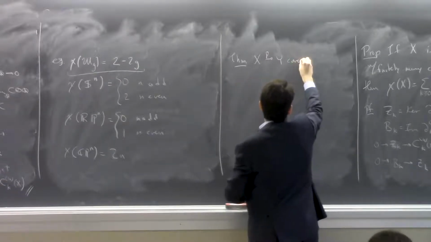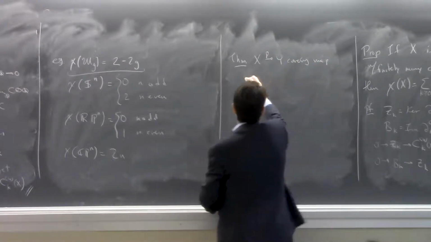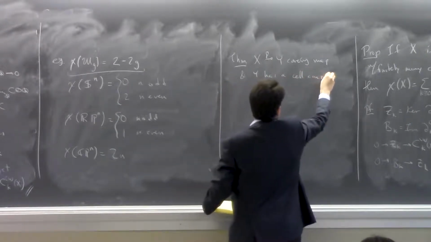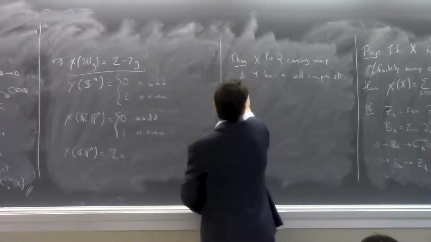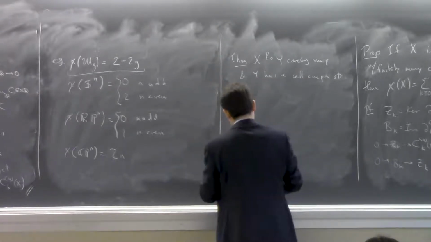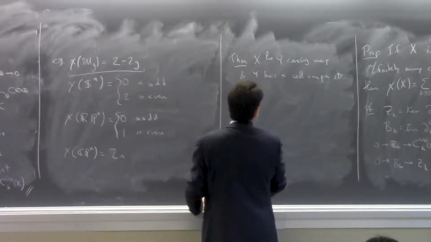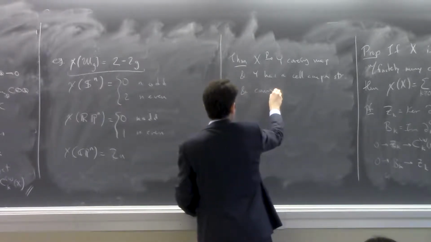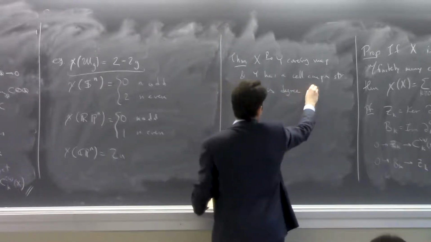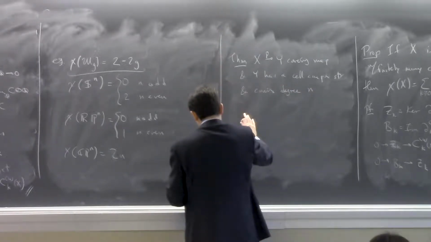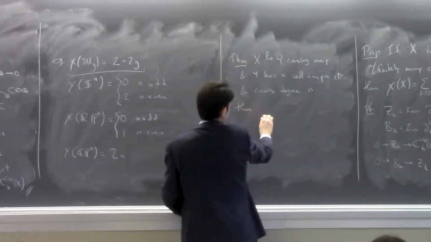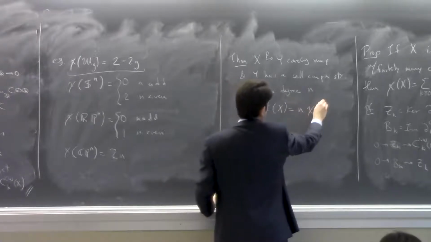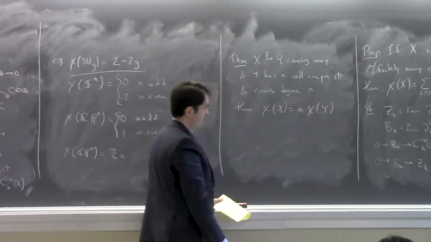If you have a covering map, and the covering degree is finite, covering degree n, say, then the Euler characteristic of X is equal to n times the Euler characteristic of Y.